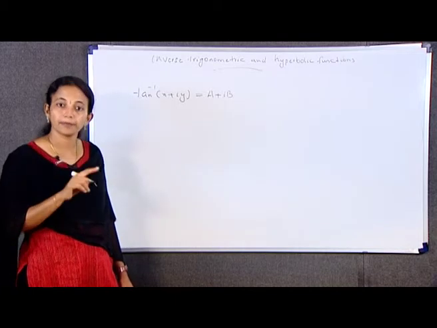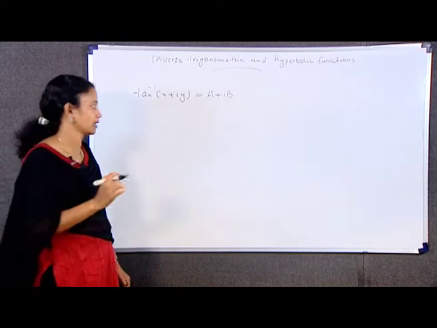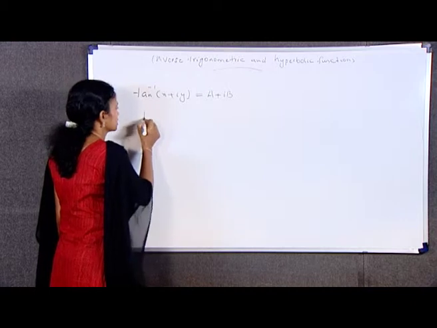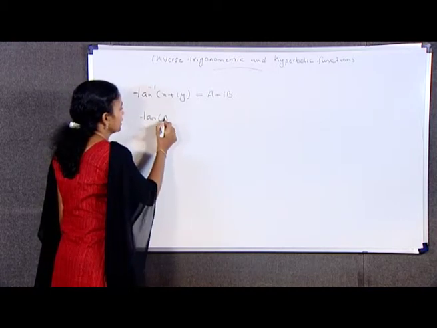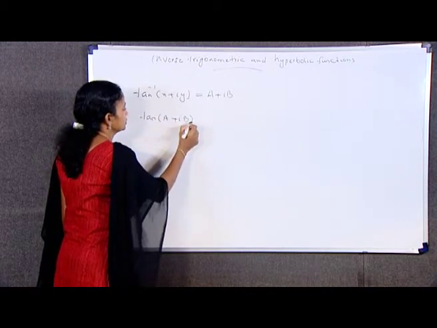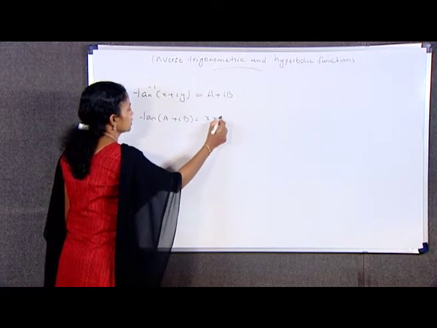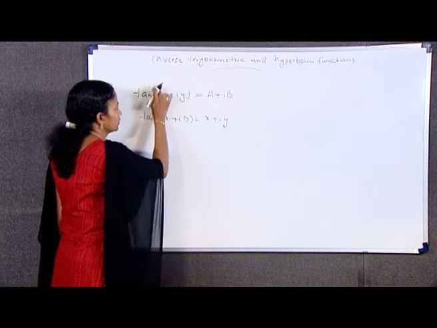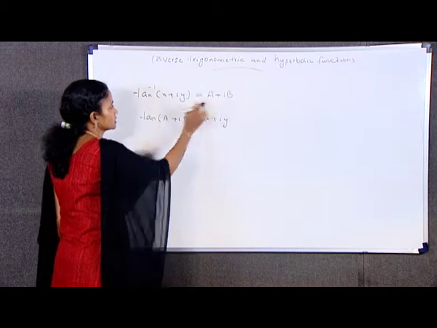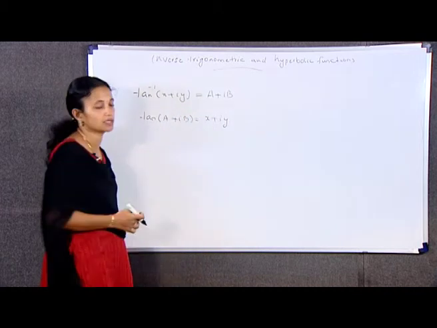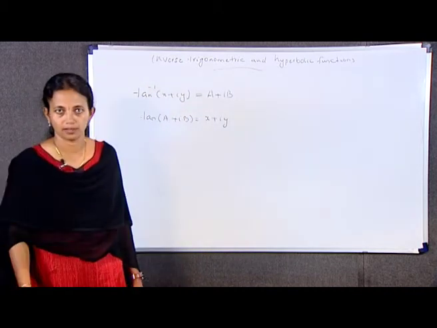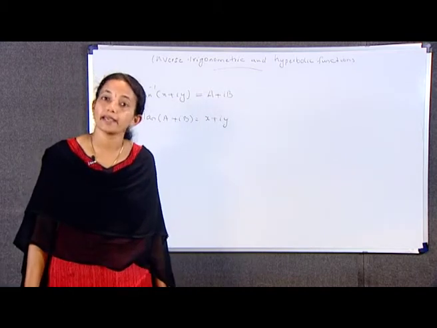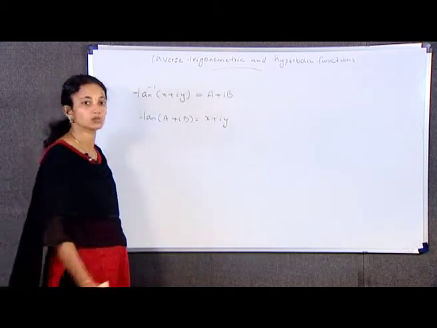Then tan of a plus ib is equal to x plus iy. Here we have tan inverse, so taking this to this side, we have tan of a plus ib is equal to x plus iy, and also tan of a minus ib is equal to x minus iy.